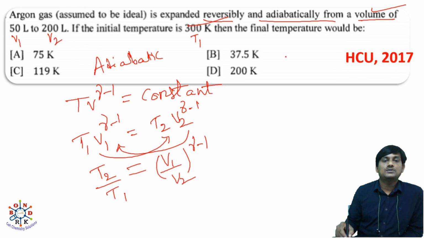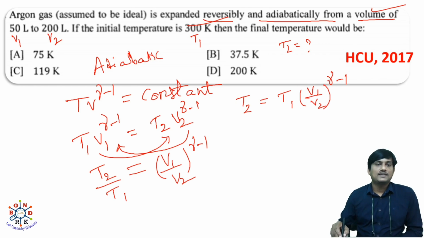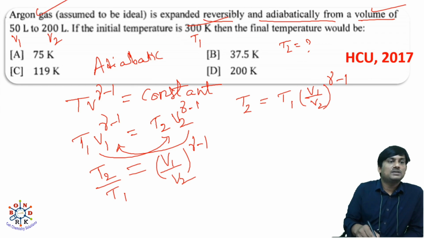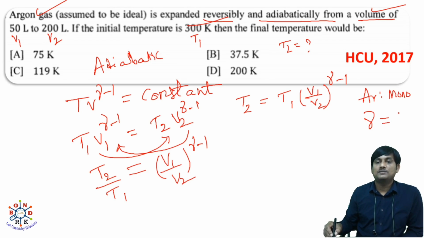You have to find out T2. So T2 is equal to T1 into V1 by V2 power gamma minus 1. Argon is a monoatomic gas. For a monoatomic gas, gamma, the ratio of Cp by Cv, is equal to 5 by 3.